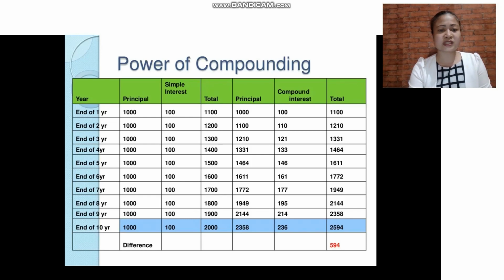Year, principal, we have 1,000, simple interest of 100, total. When you add, there is principal, compound interest, and total. At the end of 10 years, for example, you will have 2,594. So this is an example of how to make money compound, the power of compounding.